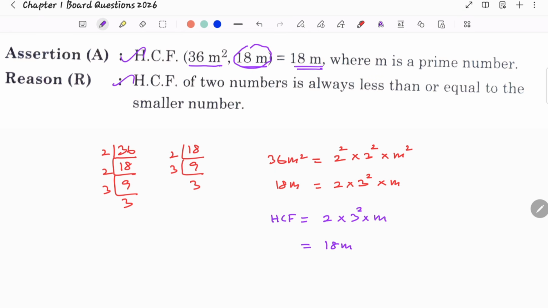So our HCF value is equal to the smaller number, that is 18m. Correct? So the reason statement supports the assertion statement. So option A in the board examination is correct. Option A is assertion A and the reason R, both the statements are true, and R is the correct explanation for the assertion. So this is the correct answer for this question.